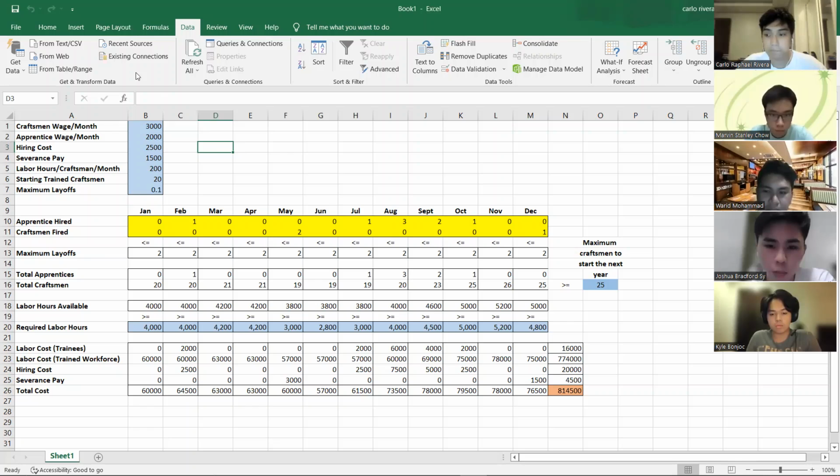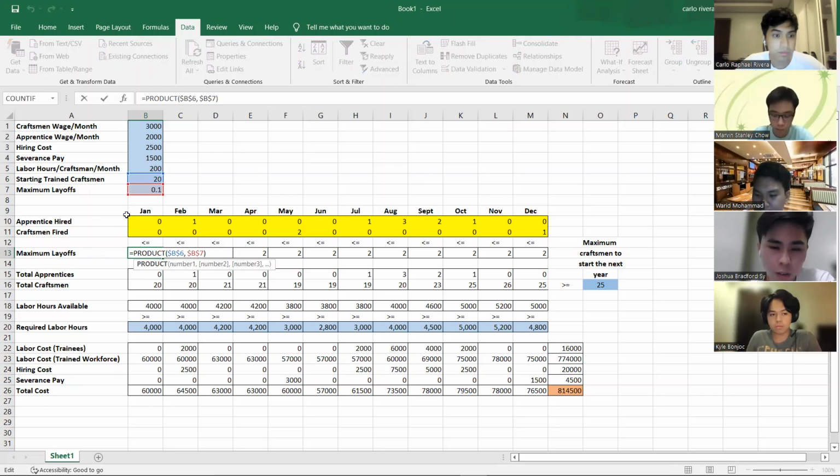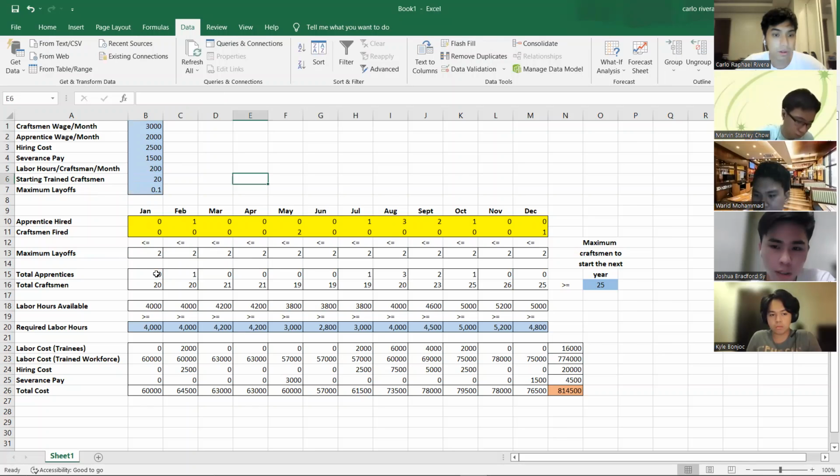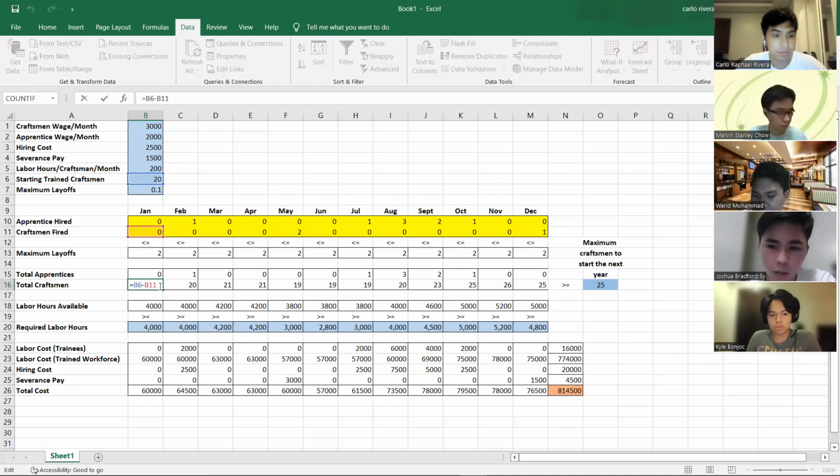Okay. For problem E, the formula for maximum layoffs is starting trained craftsman, which is 20, multiplied by maximum layoffs, which is 0.1. Total apprentice equates to the apprentices hired of that month. Total craftsman is starting trained craftsman, which is 20, minus the craftsman fired.